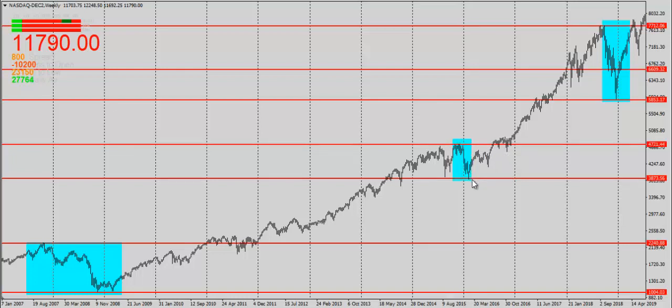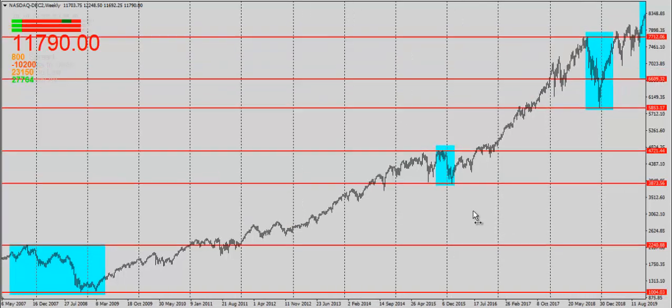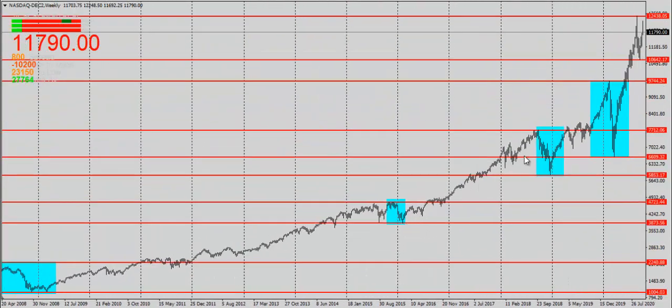940 points. Then again, technological advancements, 2016, technology boosting, and then it leads to 2018. Again, we make a high and it's a strong correction of 2,000 points, approximately 1,900 points.